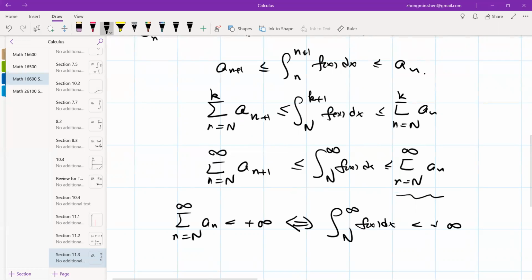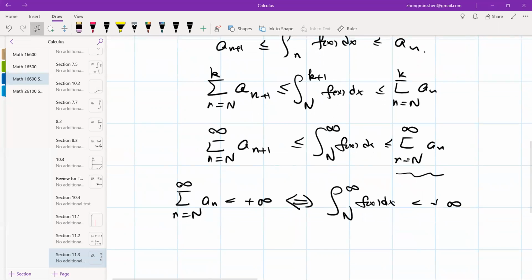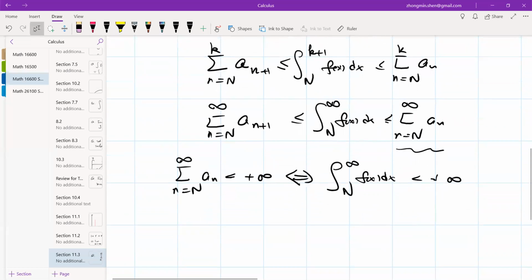Now we can also figure out an estimate. I think we can even estimate using the integral.